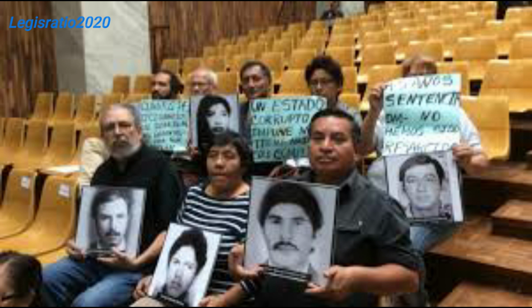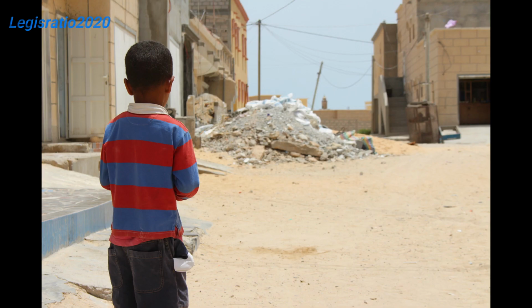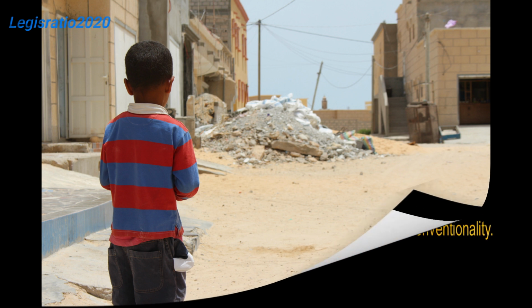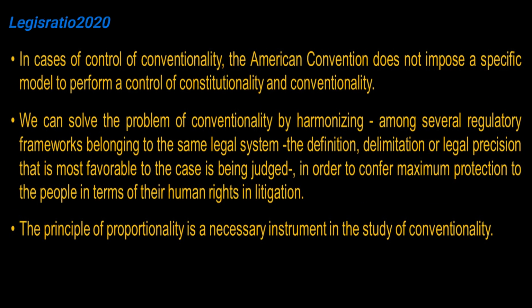Therefore, when we analyze the legitimacy, validity, and rationality of the normative restriction or act of authority that violates human rights, the principle of proportionality is a necessary instrument in the study of conventionality.